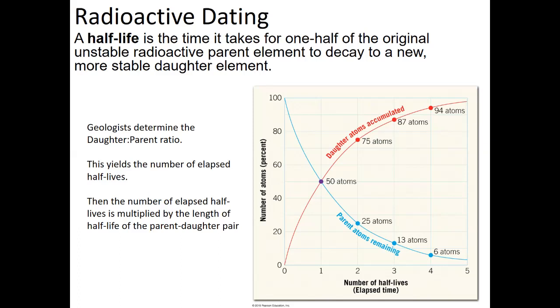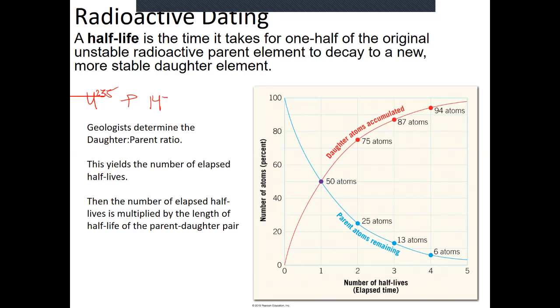And so if it is uranium-235 and uranium has 92 protons, well, 235 minus 92 means U-235 has 143 neutrons.